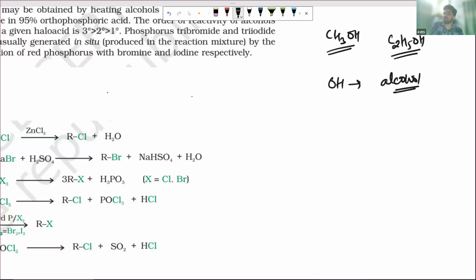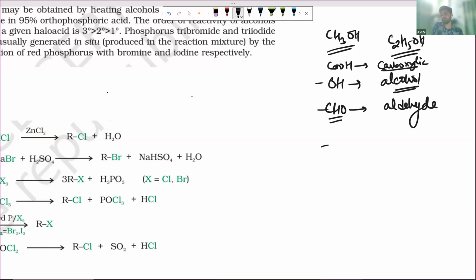Similarly, we have another functional group, CHO. This is known as aldehyde. Then after aldehyde, we have carboxylic acid, COOH. Got it? So if I'm talking about alcohols, you can prepare this with the help of alcohol.